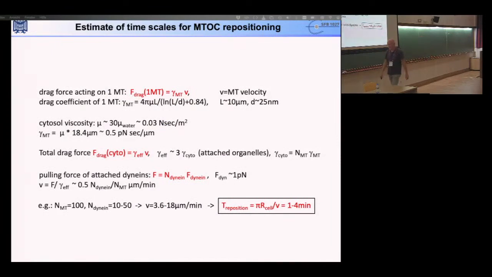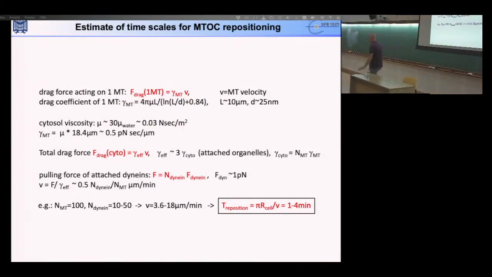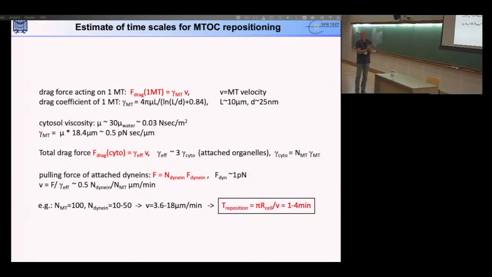This is also another back-of-the-envelope calculation with which you can, on the basis of this model, estimate the time it needs to relocate the centrosome. Essentially, it's a balance between the drag force of this big thing, the whole microtubule cytoskeleton, with all the microtubules, but not only them, because there are organelles attached to the microtubules, mostly close to the centrosome.